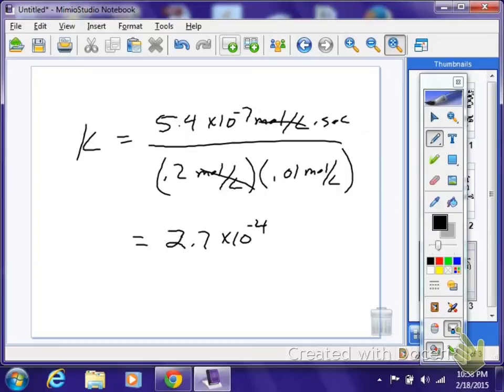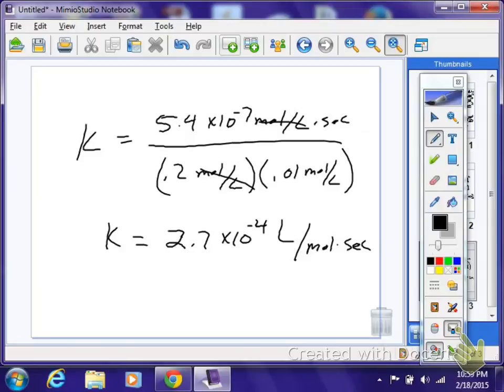Then what we're left with is seconds divided by moles per liter, which ends up being liters per mole times seconds. That would be our units for that constant. So that's the rate constant for that experiment.